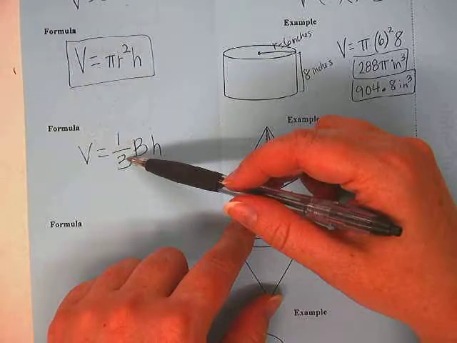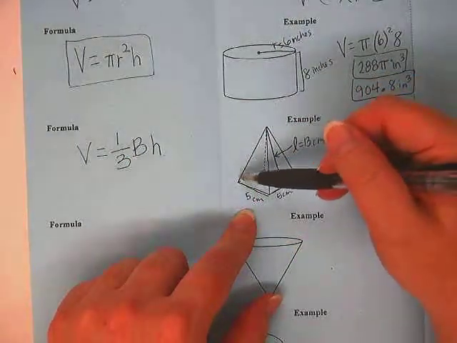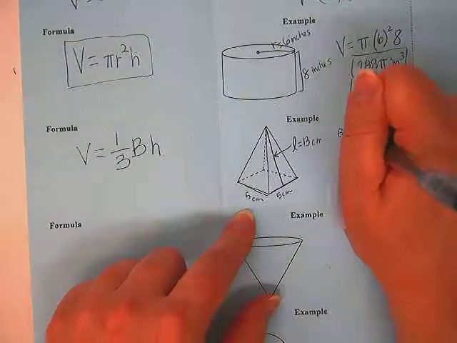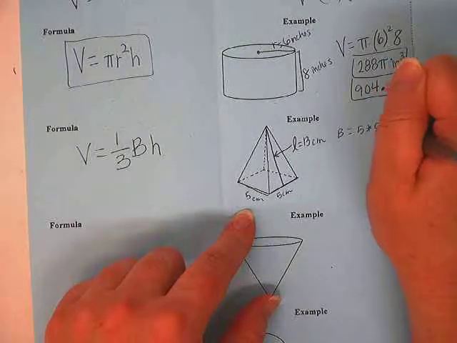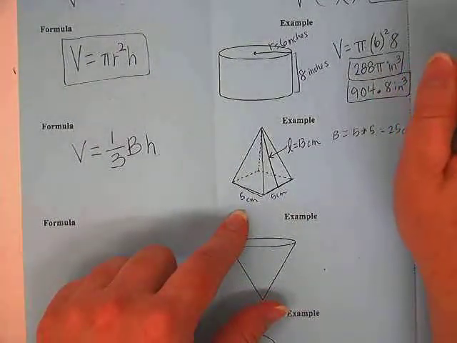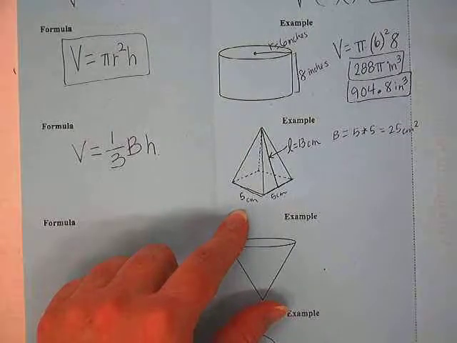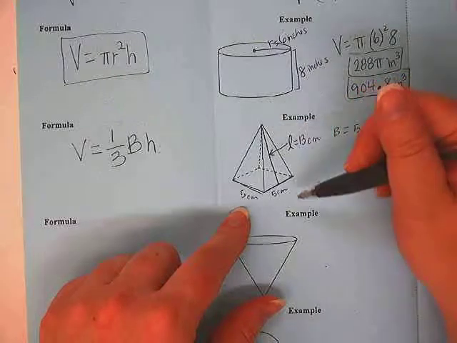Okay, so the formula is the area of the base times the height and then divided by 3, because 1/3 is another way of saying divide by 3. So the area of the base, let's do that first, would be a square, so 5 times 5. What's the area of the base? 25 square centimeters.